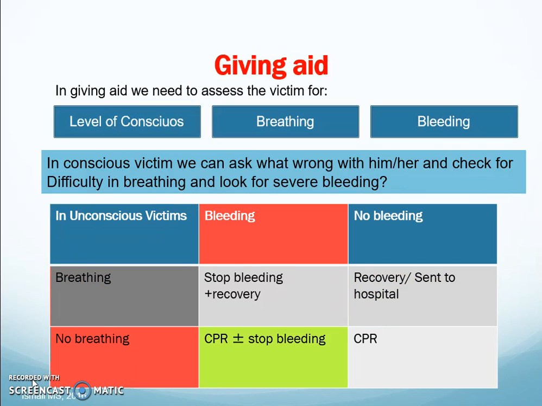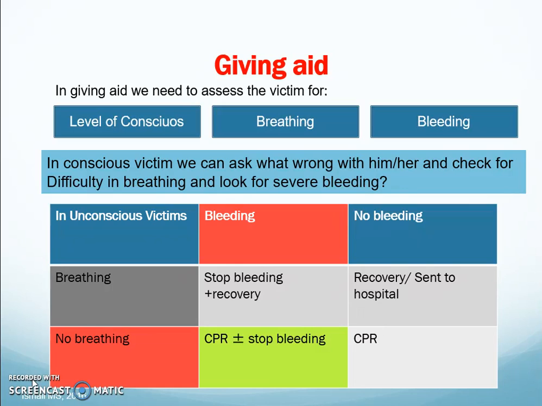In an unconscious victim who is not breathing but is bleeding, in this case we need to do CPR or cardiopulmonary resuscitation, with or without the need to stop the bleed, because a victim who needs CPR is usually not breathing and the heart does not pump out blood. Therefore, in this case, the bleeding will stop by itself.